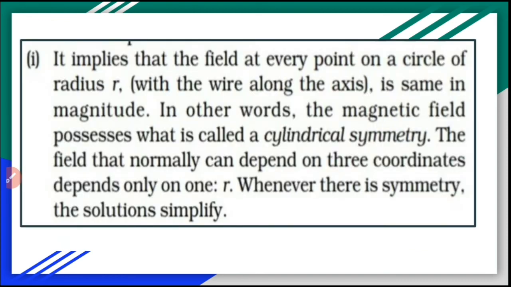Now we can see that at every point on the circle of radius r with the wire along the axis, the magnetic field will have the same magnitude at all points which are at a distance r. Such type of symmetry we call cylindrical symmetry. That is a very important point: the magnetic field due to a straight current carrying wire is cylindrically symmetric.